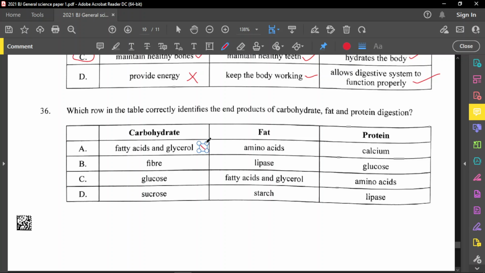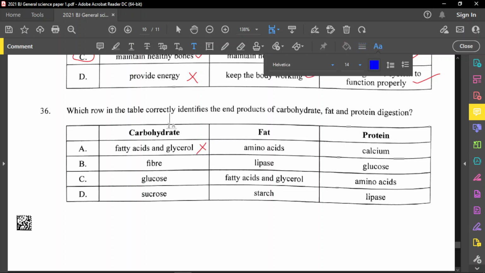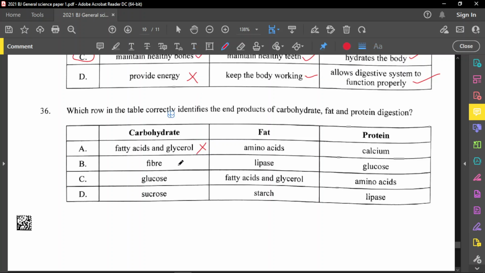Fatty acids and glycerol come from fat, so that is definitely wrong for carbohydrates. Fiber is cellulose, and cellulose is a complex sugar, a carbohydrate as well, a polysaccharide. Glucose, yes, a carbohydrate. Sucrose is also a carbohydrate because these are all sugars.